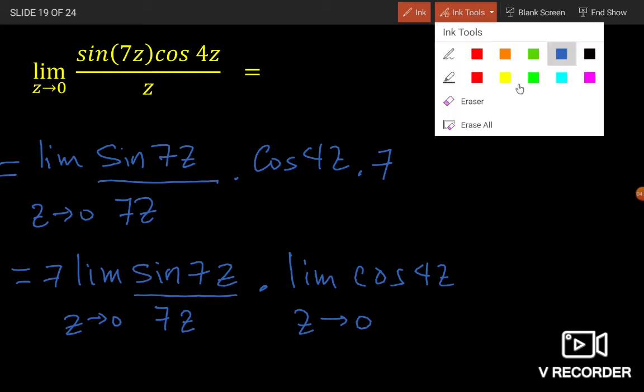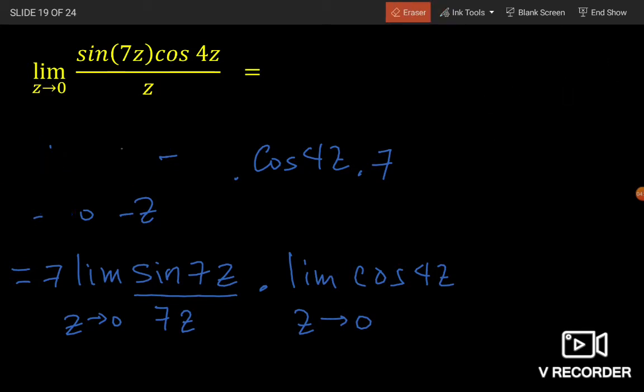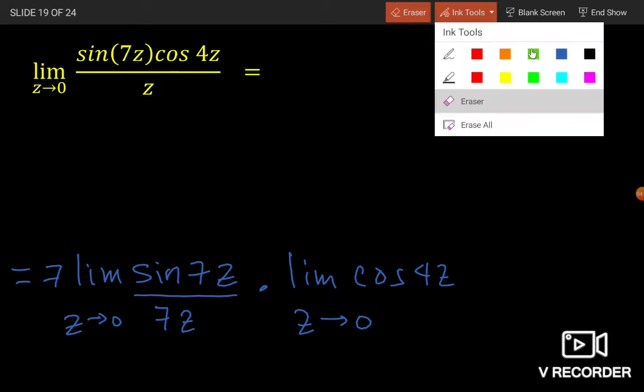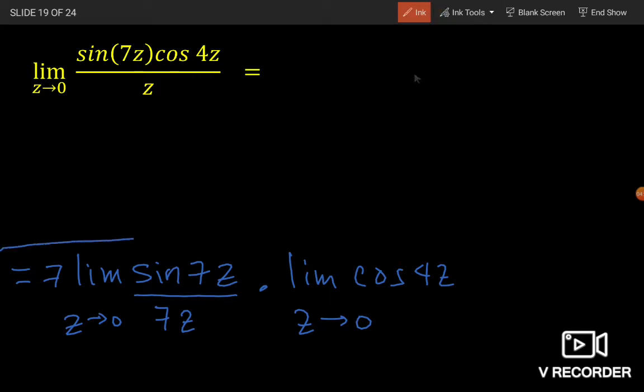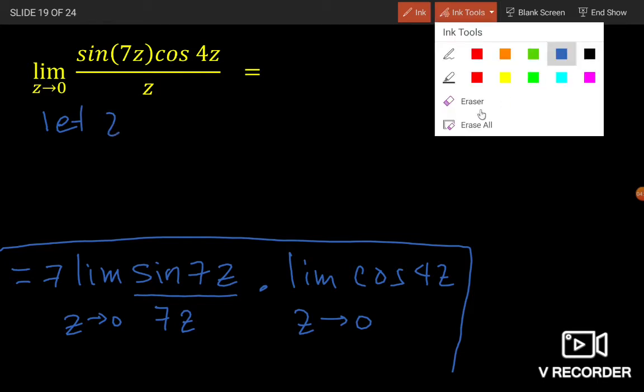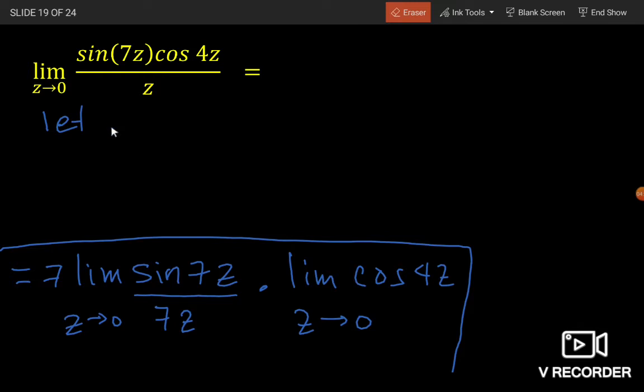Now, take note, let 7z equal to, let's say, x.